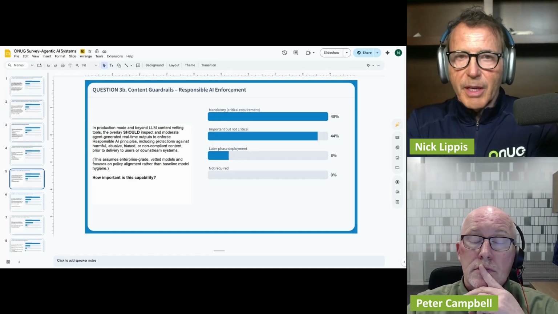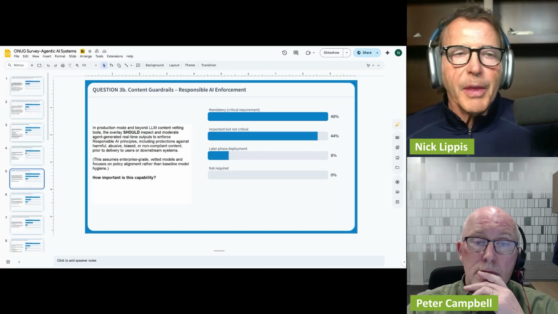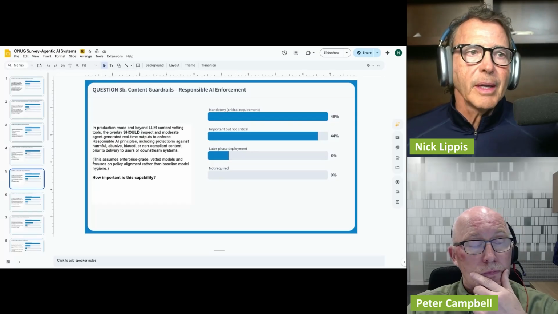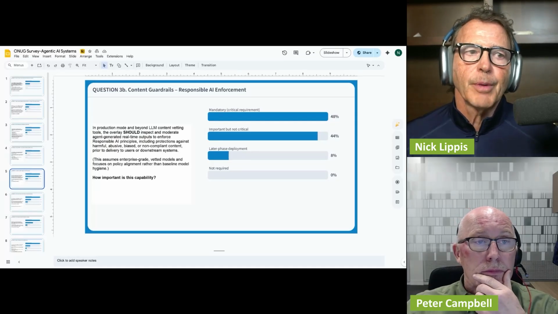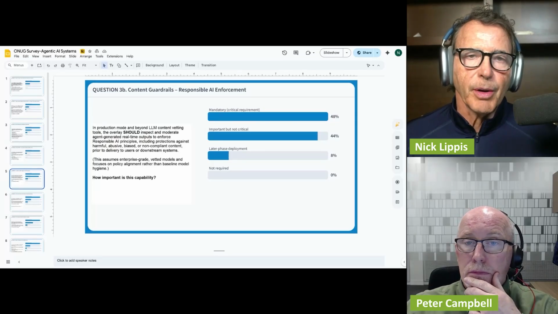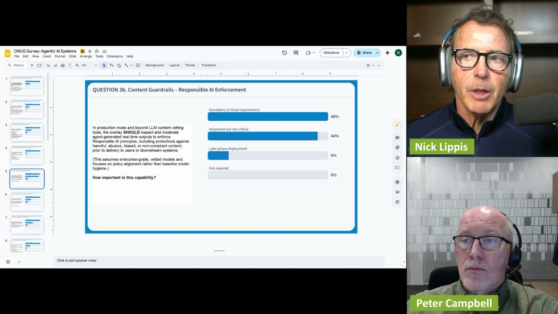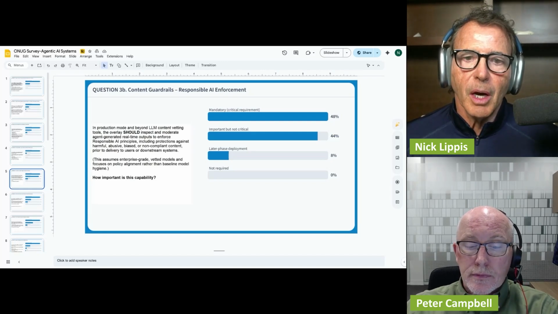So, how important is this capability? I think we're anticipating, based upon prior experience and prior cycles of IT, what could come up.